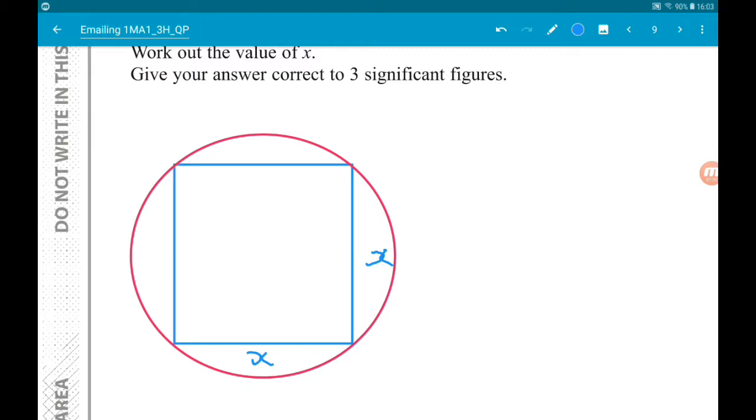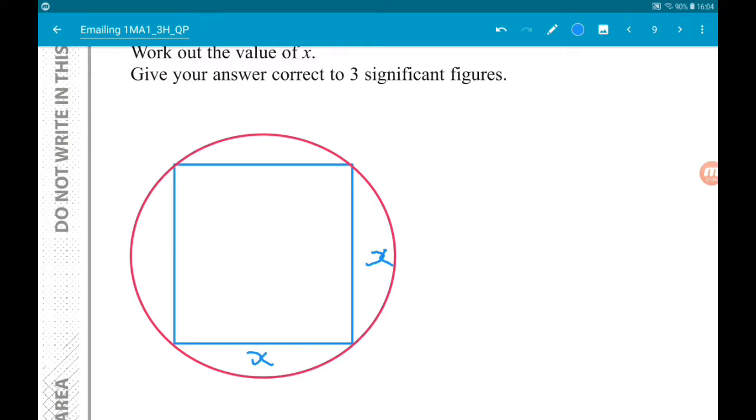I'll be really careful there as well because I've made a square number. 49 centimeters squared. So from that, we can work out the radius of the circle. Now that's going to help us because the diameter of the circle is the diagonal of this square.